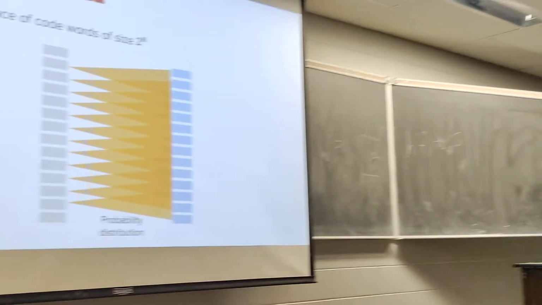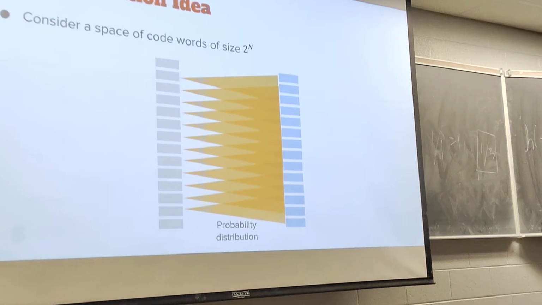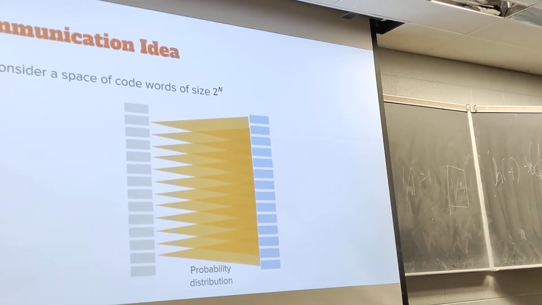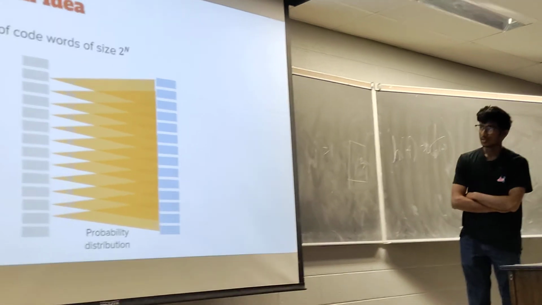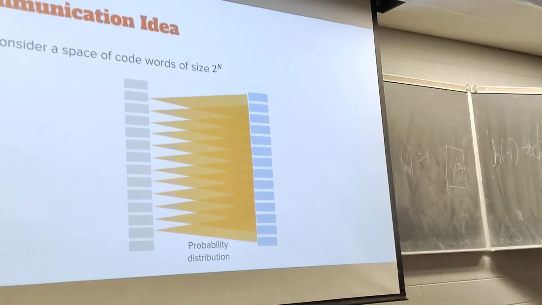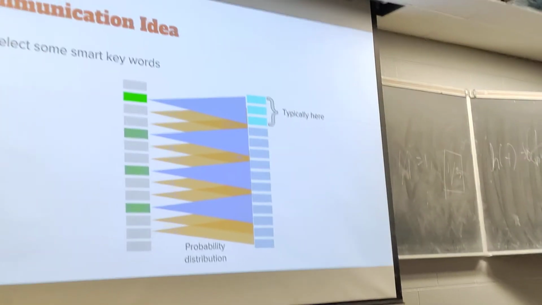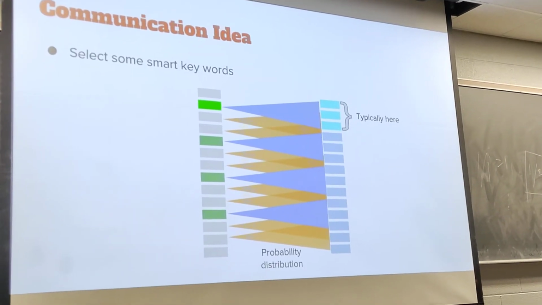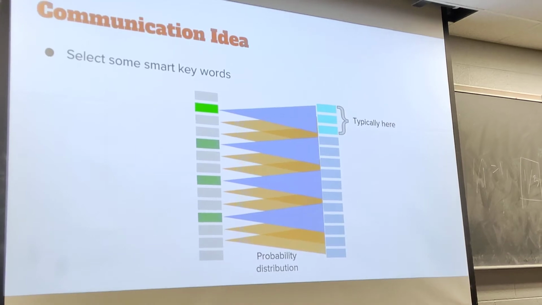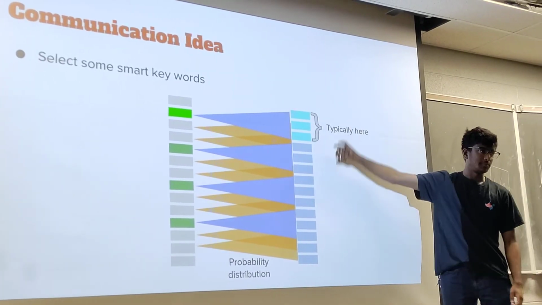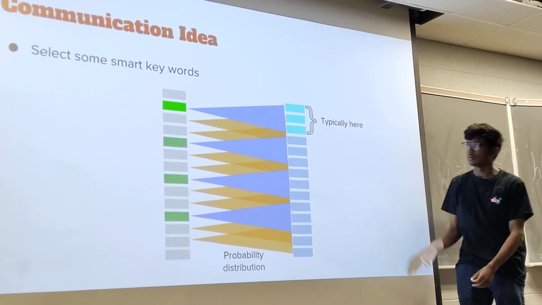And so now I can actually give you the idea of how we're going to prove this theorem, right? We have our code words on the left, and they each have their own probability distributions on the right. And I can pick a set of smart code words, hypothetically speaking, such that if you look at the probability distributions, I can say this is like a typical set, and these typical sets are, relatively speaking, disjoint.